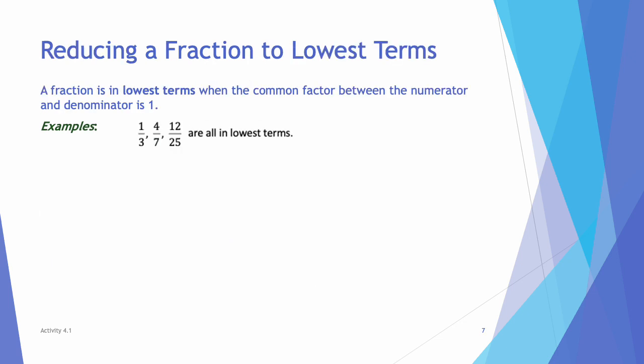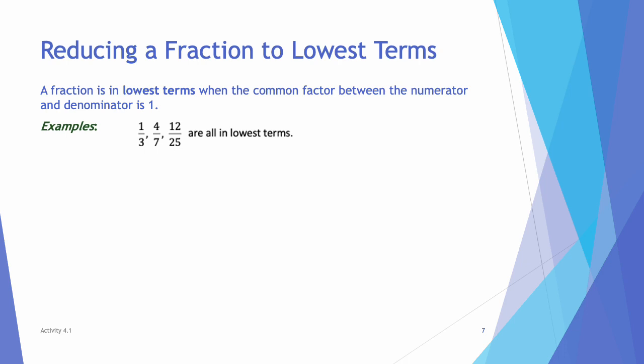The opposite of writing equivalent fractions, where we multiply the numerator and the denominator by the same number, is to reduce a fraction to lowest terms. A fraction is in lowest terms when the only common factor between the numerator and the denominator is 1. Some examples are 1/3, 4/7, and 12/25.